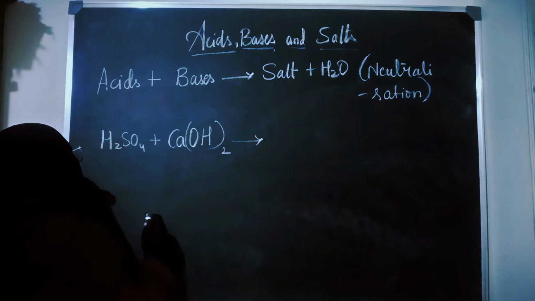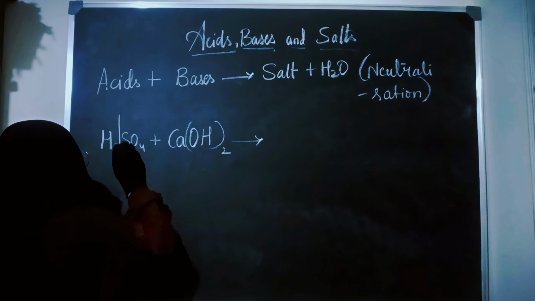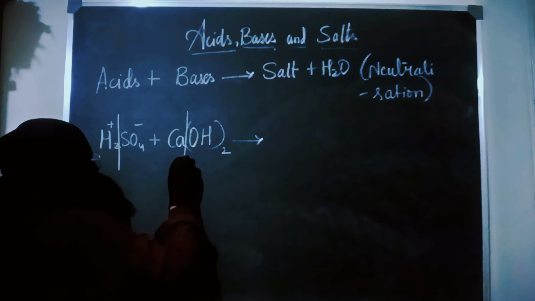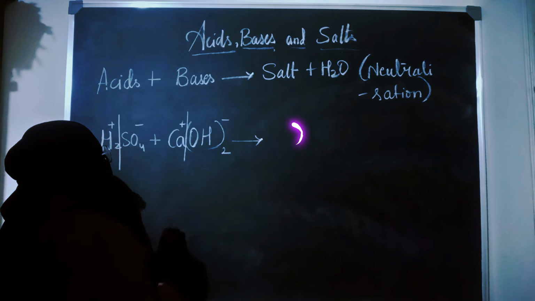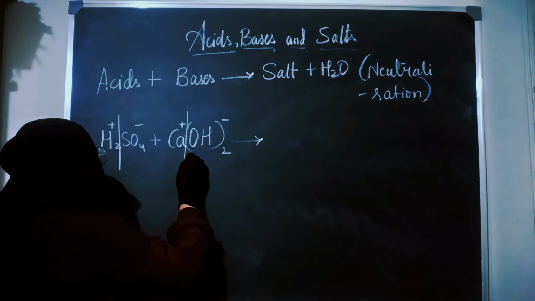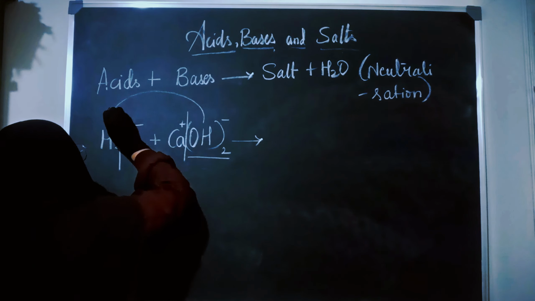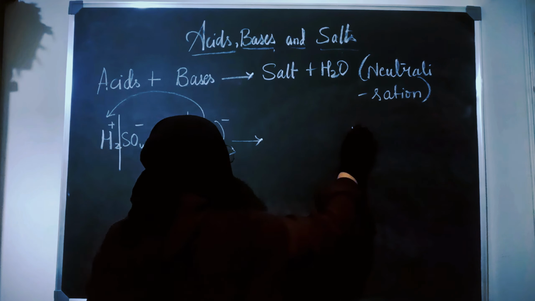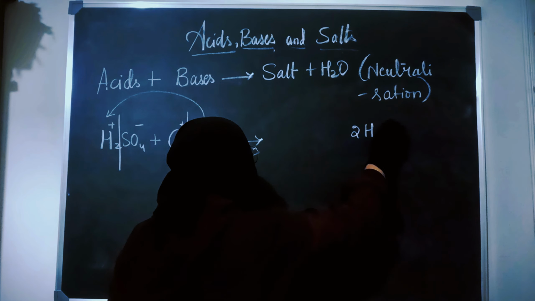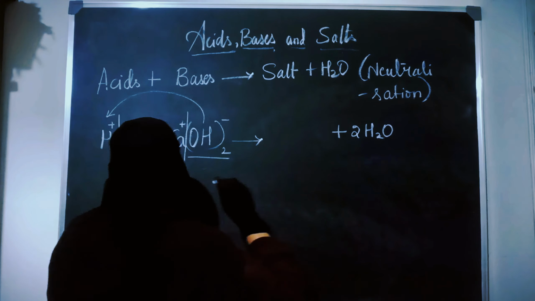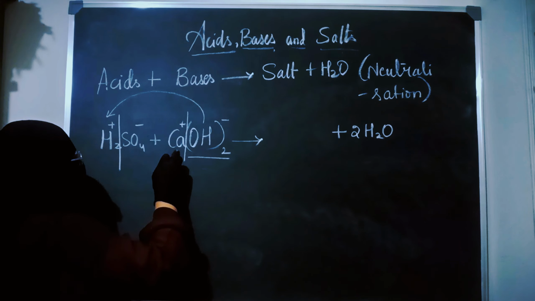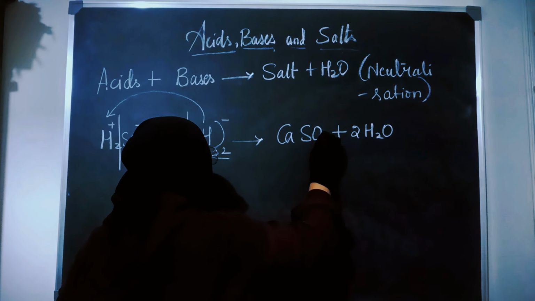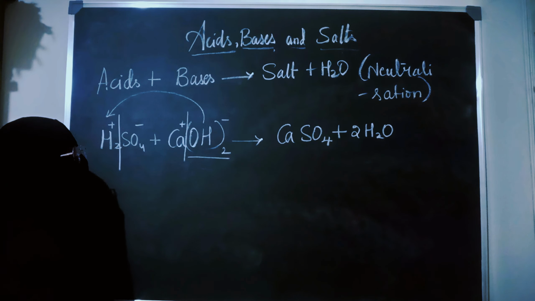So what will happen? This molecule will break down as H plus and SO4 minus. Ca(OH)2 breaks down as Ca plus and OH minus. As a result, this OH, since it is an anion, will react with the cation, leading to the formation of water molecules, that is 2H2O. Plus, the anion of this will react with the cation of this, leading to the formation of CaSO4, which is nothing but calcium sulfate.